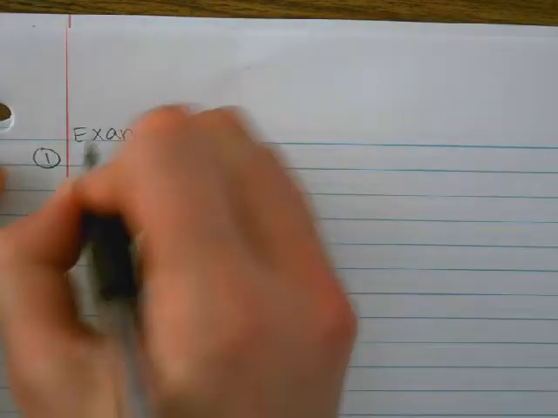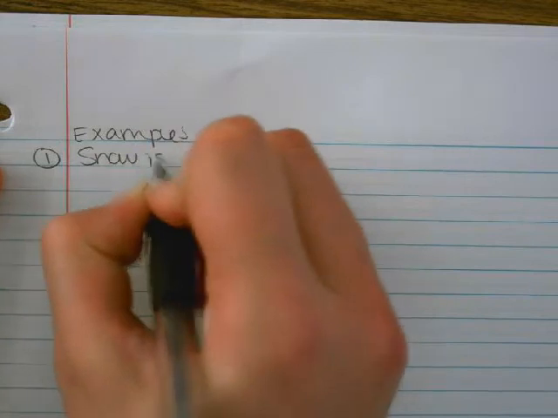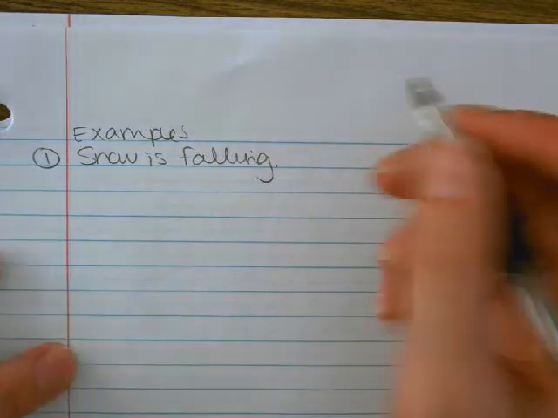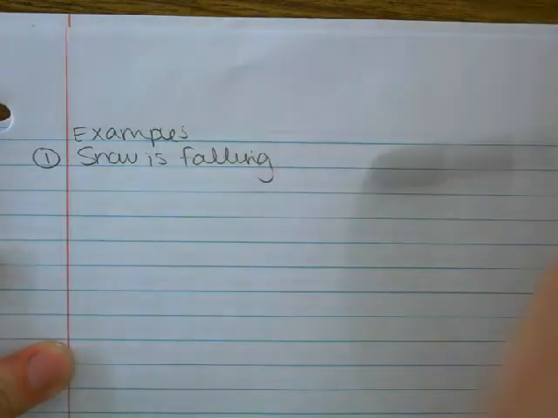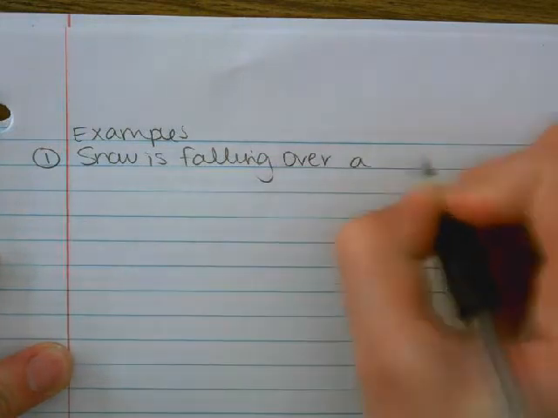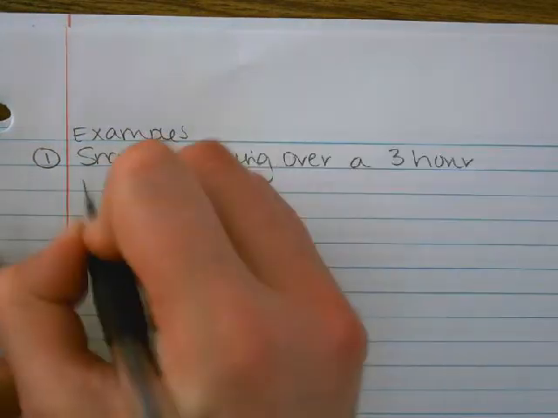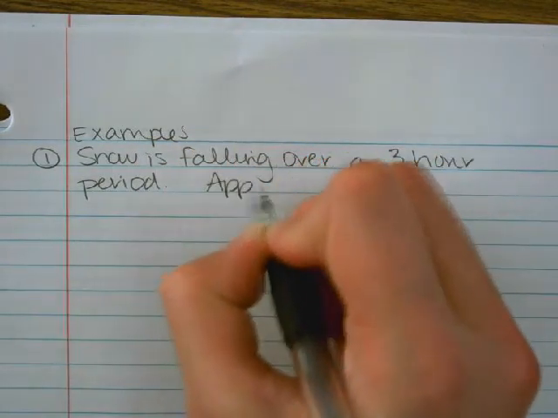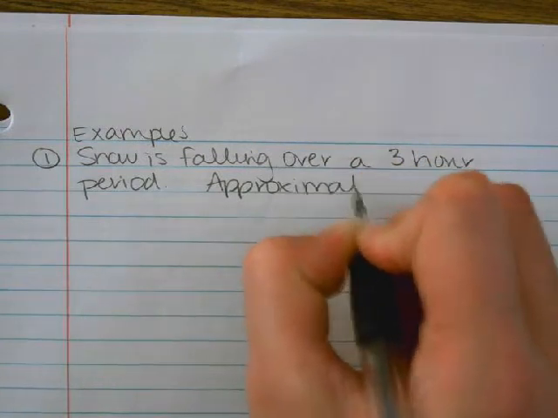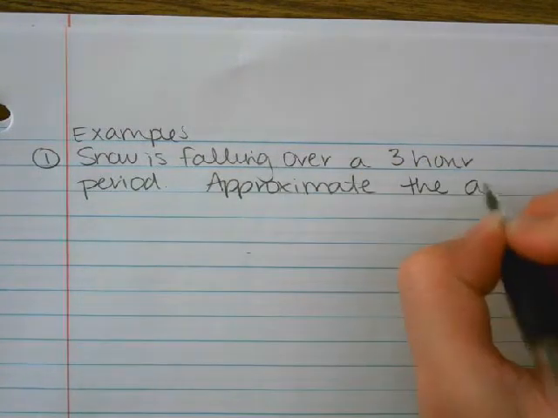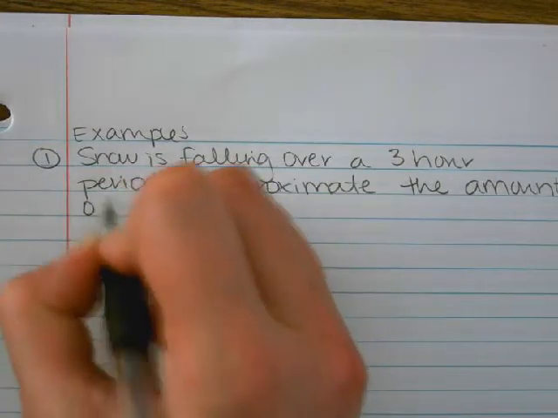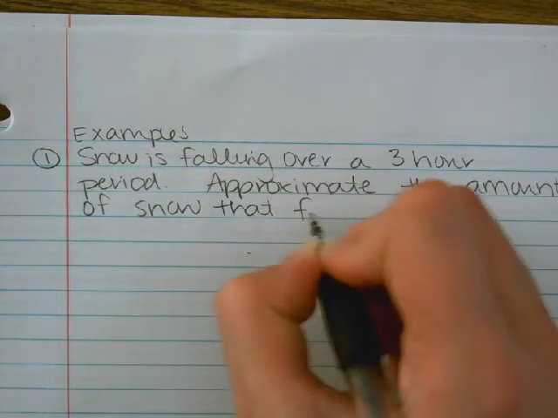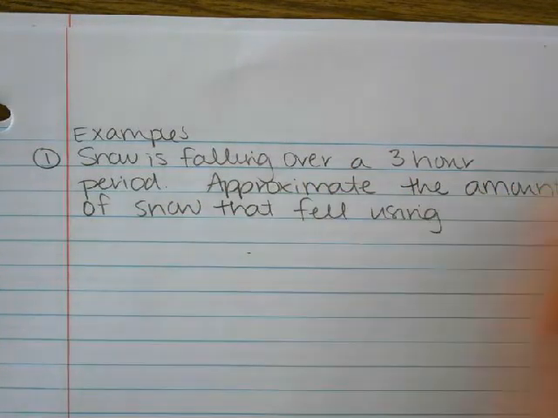So the first one says snow is falling over a 3-hour period, and we're going to approximate the amount of snow that fell using trapezoids.